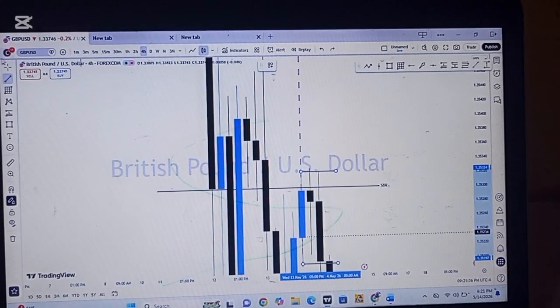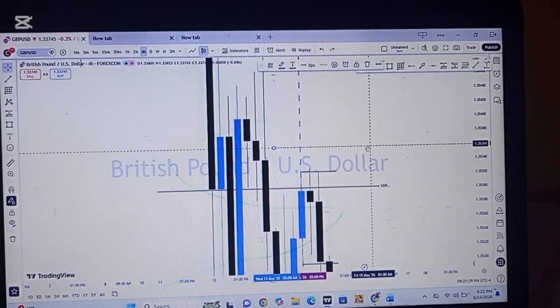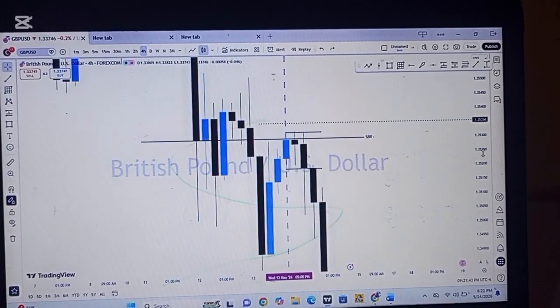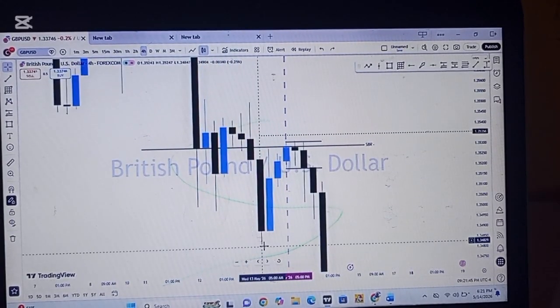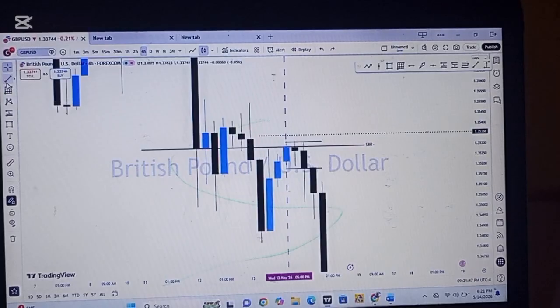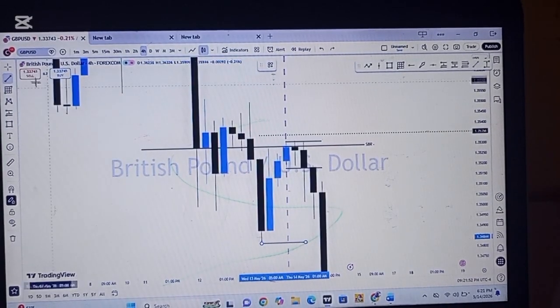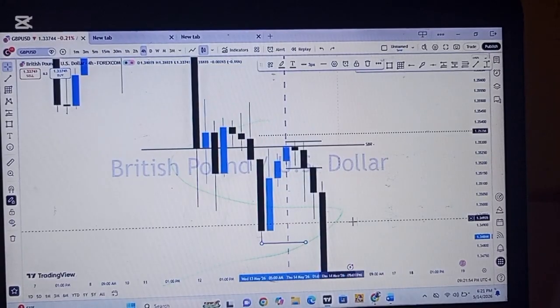That is how you continue adding positions, by the way. Then you target the next DOL, as simple as that. Target these lows to be taken because we are bearish. They must be taken.